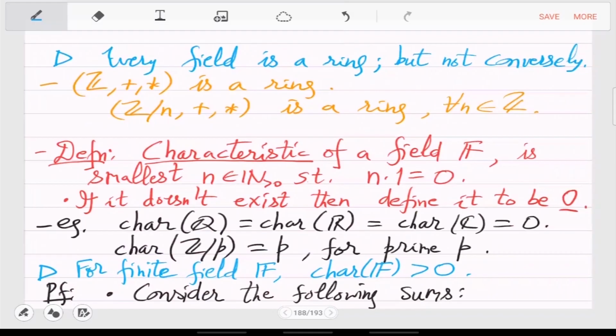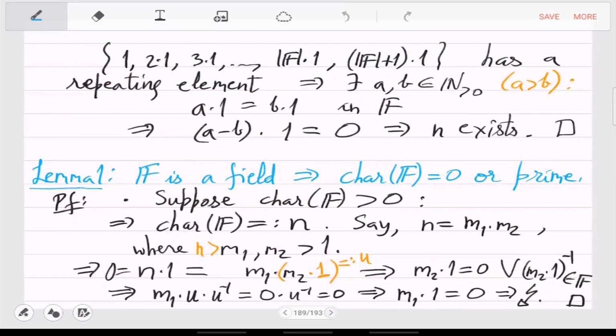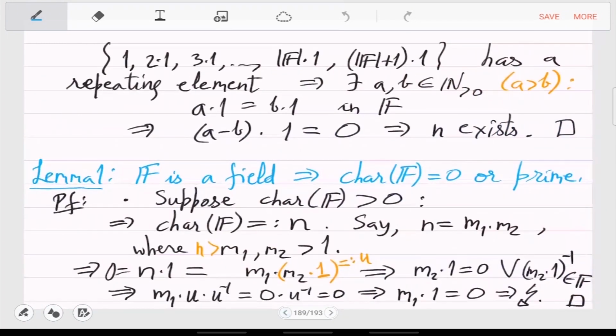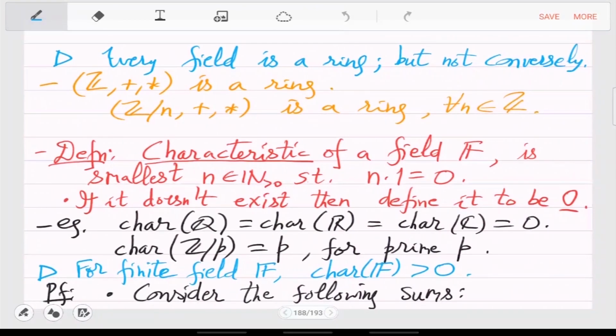Sometimes it may not behave as 0. For example, we constructed this field where 0 behaves as 1, right? But if that happens, then everything is 0 or everything is 1, whatever is your religion. And then we define characteristic, which is how many times should you add 1 so that you get 0.